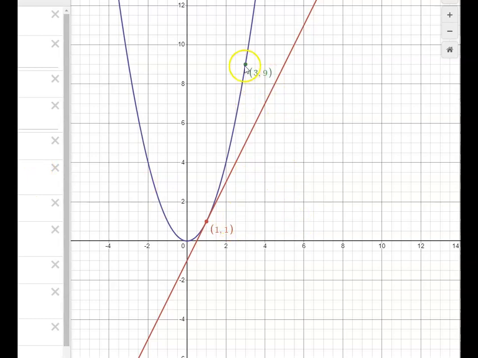So in your picture, as best you can, label that point on the graph. And I want to approximate the slope of the line in red by calculating the slope of the line that contains the 2 points that I have on the graph, the (1, 1) and the (3, 9).